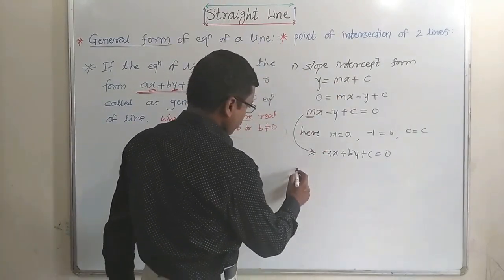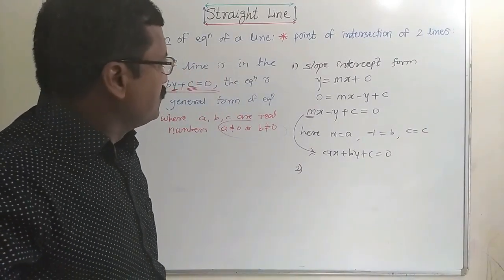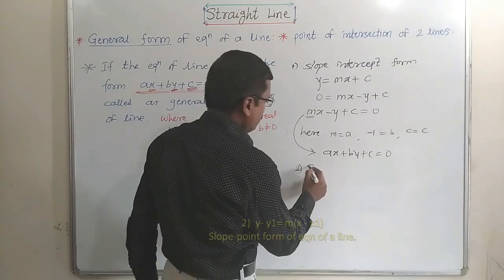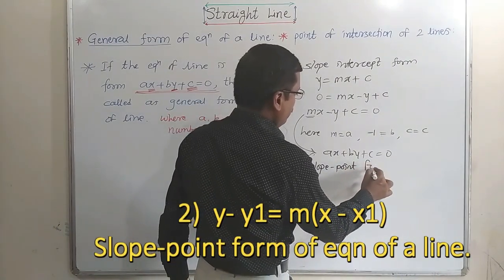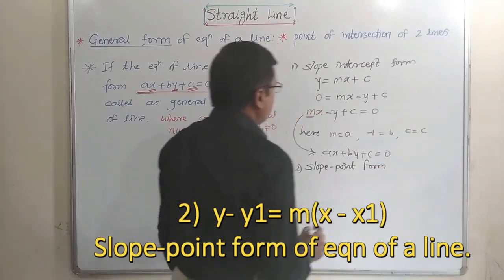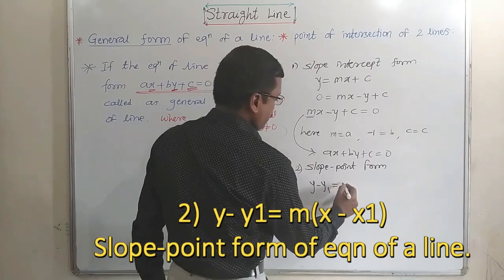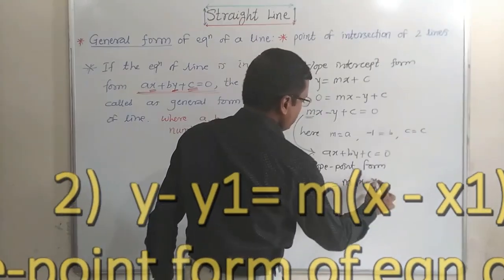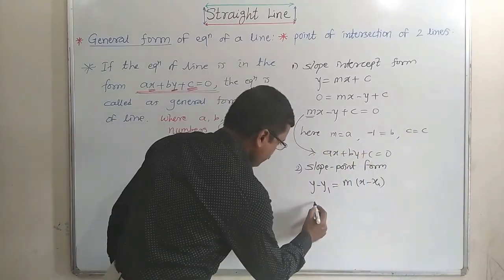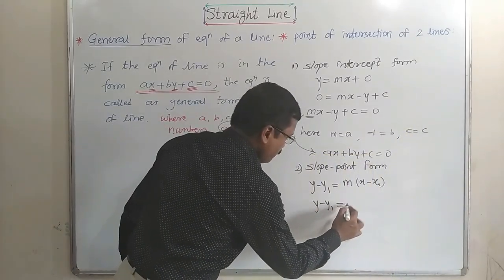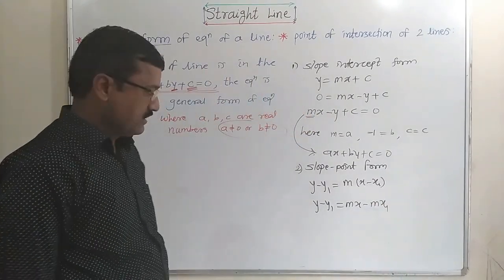Let us see another form, the second form, that is slope point form. The equation of line will be y minus y1 equal to m into x minus x1. This is the slope point form. Let us simplify this. y minus y1 equal to mx minus mx1.